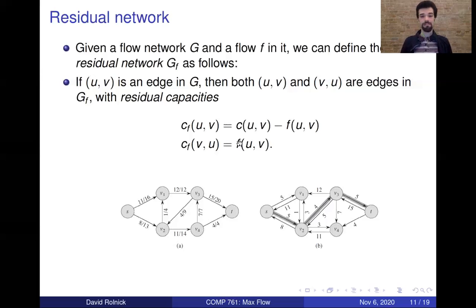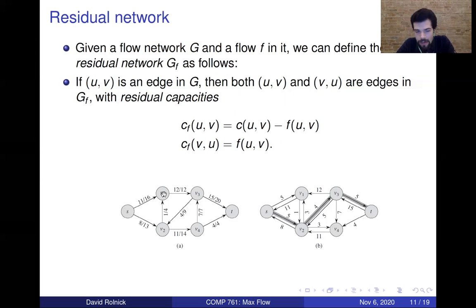So why are there these residual capacities? The residual capacity from U to V is the original capacity minus the flow that we took. And the capacity in the opposite direction is the flow that we took. Why is that the case? Let's think about S to V1 here.